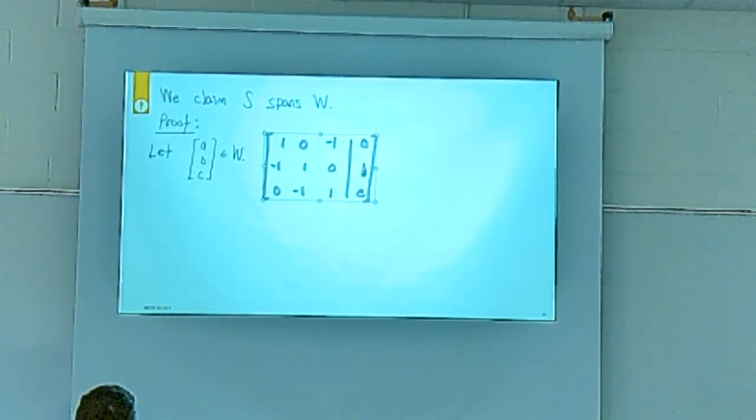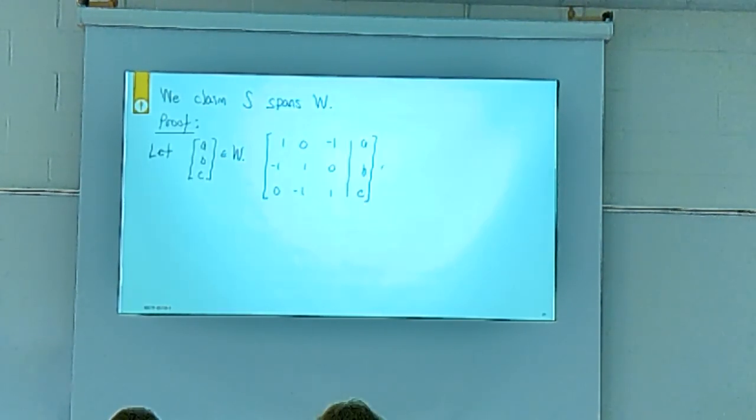So let A, B, C be a vector in W. Want to row reduce this, however, do not use your calculator. I'm going to tell you you're going to get 0, 0, 0, 1 at the bottom if you use a calculator. So we're going to do this by hand anyway. But this is fairly simple to do, right? Row 1 plus row 2.